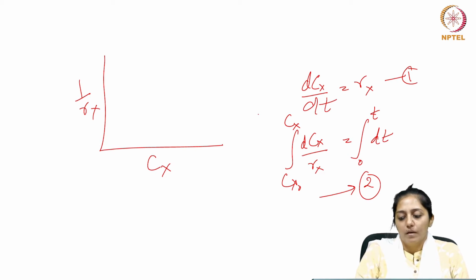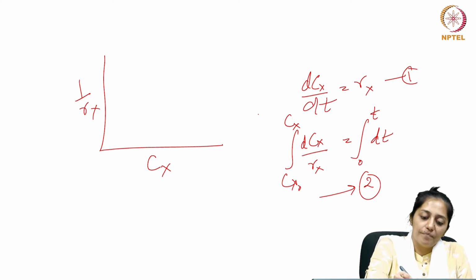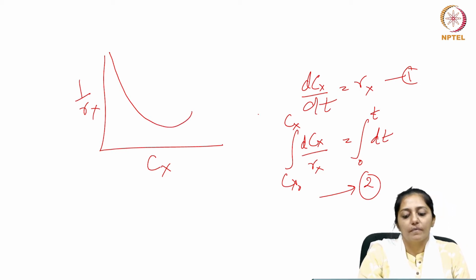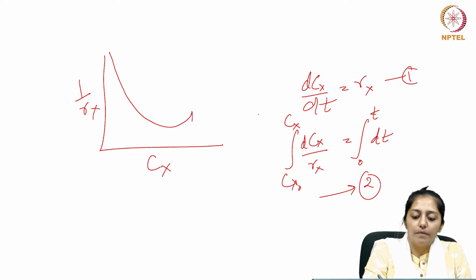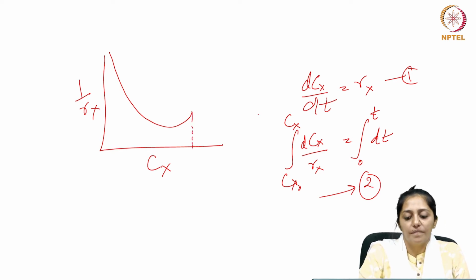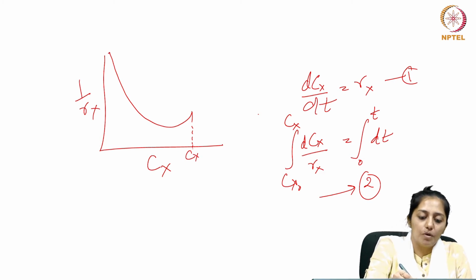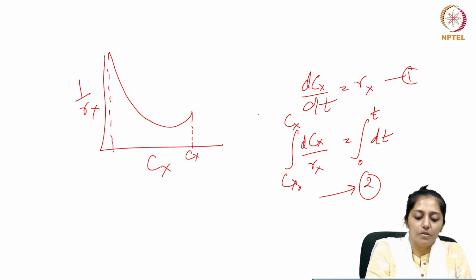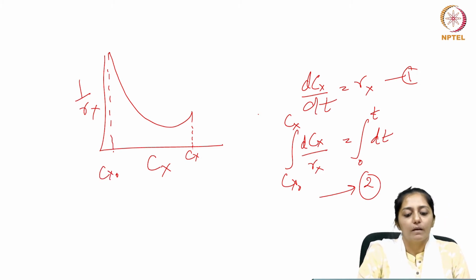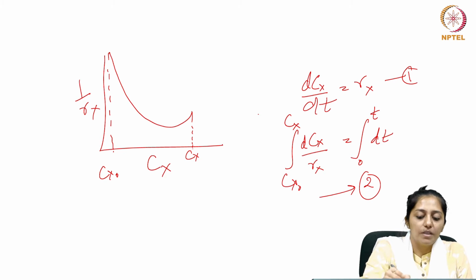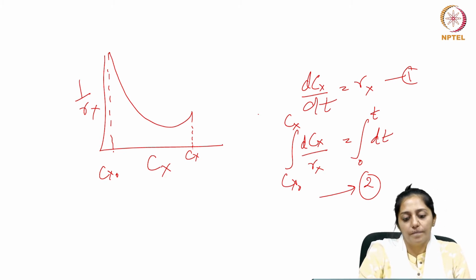Now, with this equation 2, if you make a plot of 1 by Rx versus Cx, then it looks like this. If this is your harvest time, where your final concentration is Cx, and this was your beginning, which is your Cx0. So can you see that it takes a U-shaped curve?